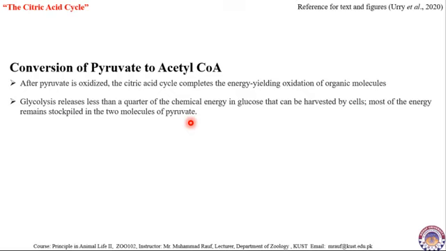NADH are the carriers of high energy electrons, and these NADH molecules then start the process of the electron transport chain. But the two pyruvate molecules still remain, so more energy is to be yielded from the remaining pyruvate molecules, but it all depends upon the presence of oxygen. If oxygen is present, then complete oxidation of the glucose molecule takes place.